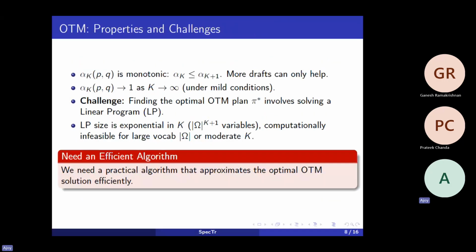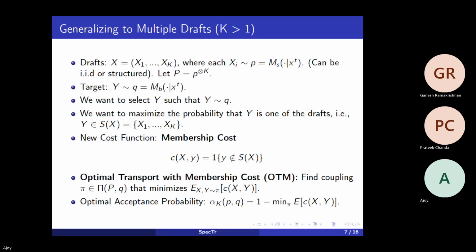However, if you look, P cross K is the product coupling of K P distributions, which basically is assuming all the P's are independent.